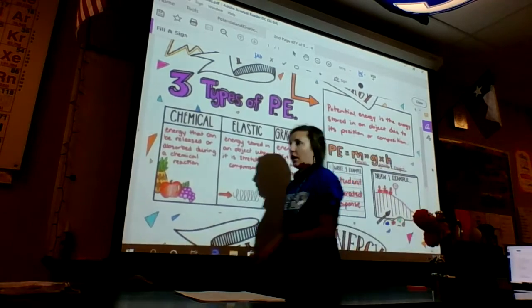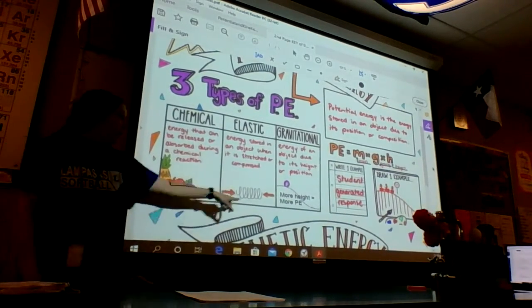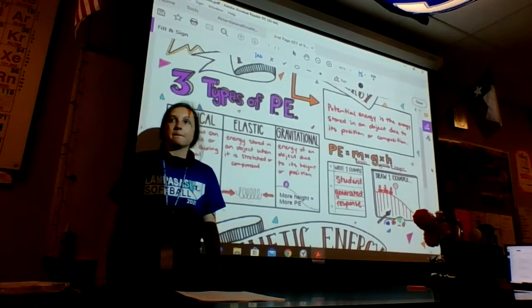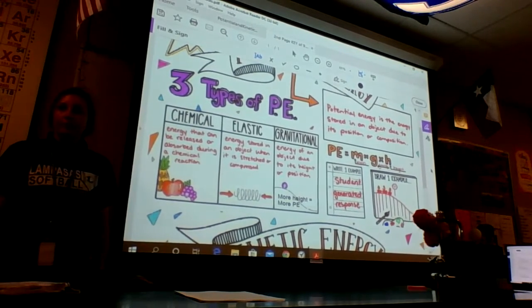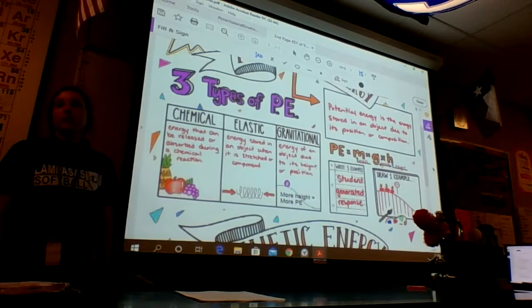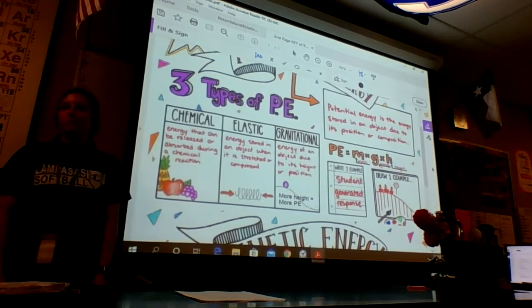Add this text box that I just put on there. So would those three types of energy still be considered their own? Yes, but they're under potential.